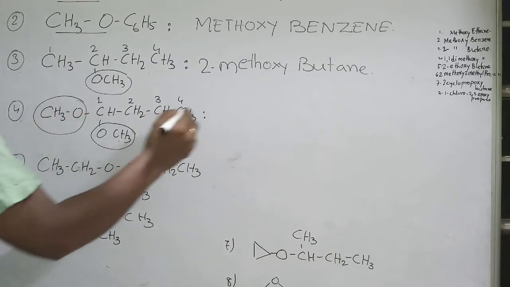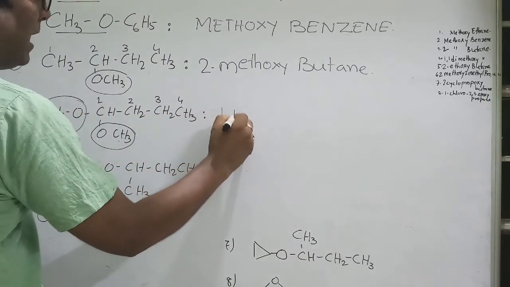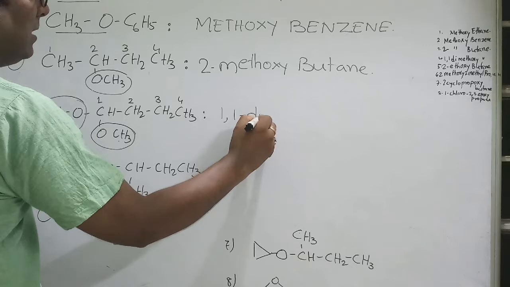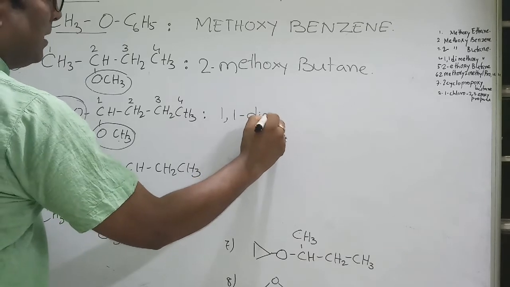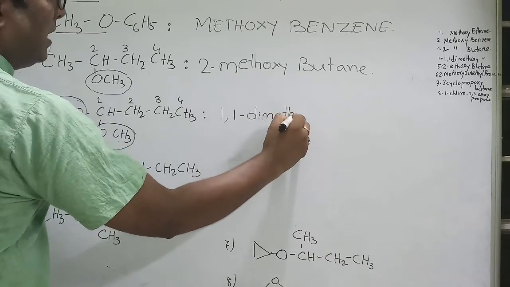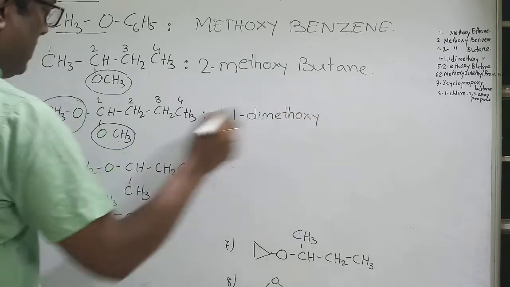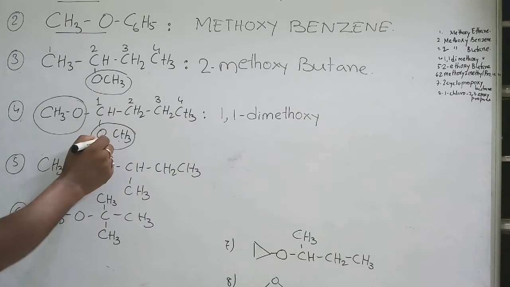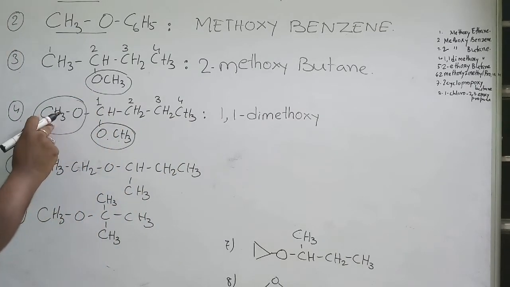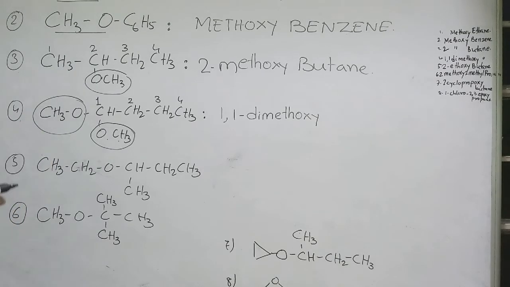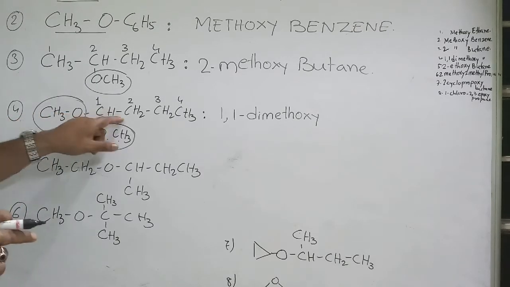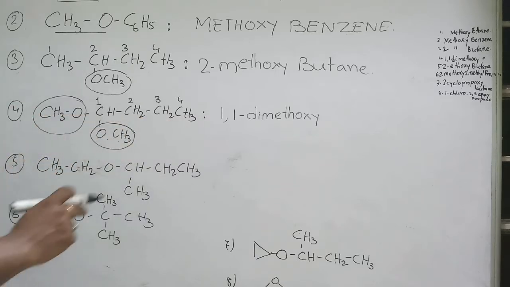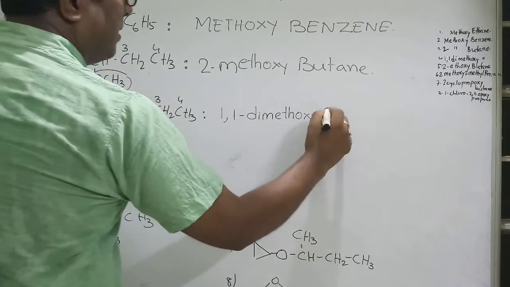So I can write it as 1,1-dimethoxy, and you can see there are 4 carbon atoms. So we call this butane.